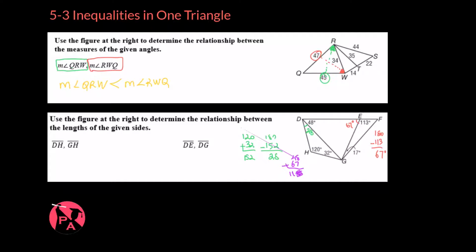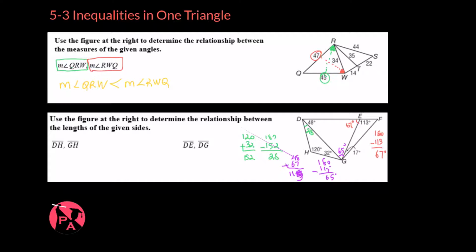Sorry, it's 115. And then if we subtract that from 180, we get 65 degrees, which is right here, 65 degrees. Now we can easily compare each side by looking at the angles that are across from them.